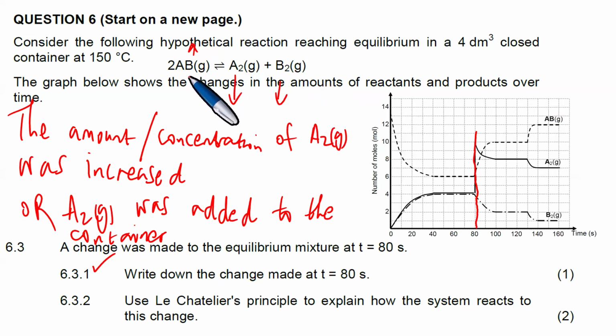That is a clear sign that, according to Le Chatelier's principle, if you disturb the equilibrium, the equilibrium counters the change. So we're saying the concentration of A2 was increased. If you attempt to increase the concentration of A2, then according to Le Chatelier's principle, the system will tend to decrease it, to counter that increase.